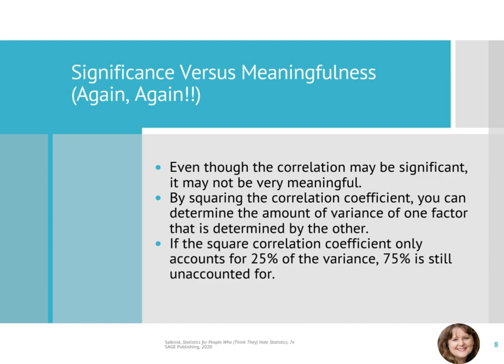So you just need to know your area of research to know whether 25% is great or whether 25% is terrible. Oh no, we didn't predict hardly anything, right? So you do have to understand the ability to predict another variable and that percent of variance that we're going to return to repeatedly in this area of statistical knowledge on regression and correlation.